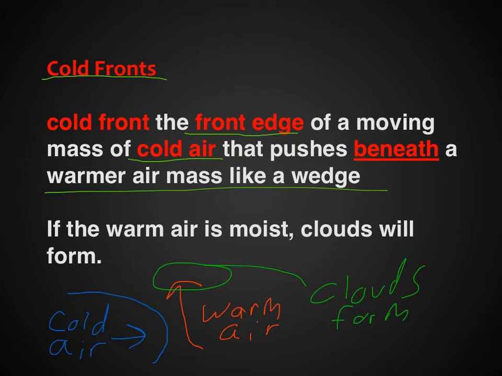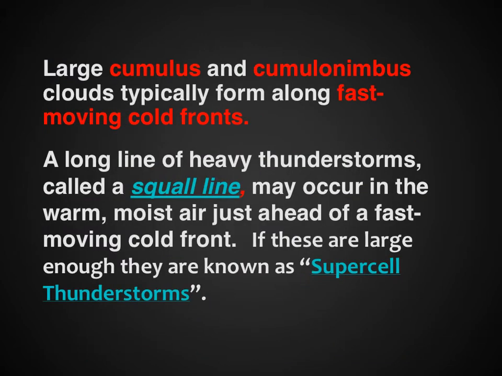And a lot of times we get cumulonimbus or regular cumulus. Clouds form as that warm air goes up. So you get very large cumulus and sometimes cumulonimbus clouds along fast-moving cold fronts.